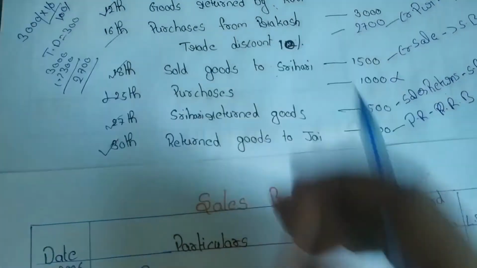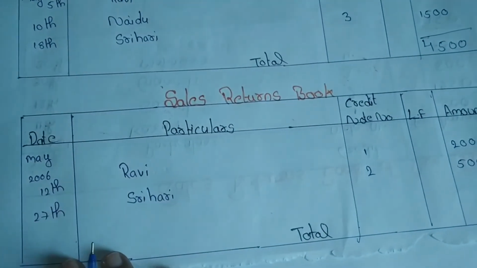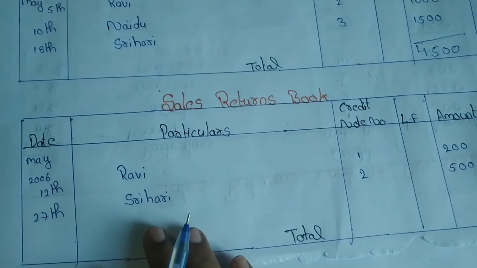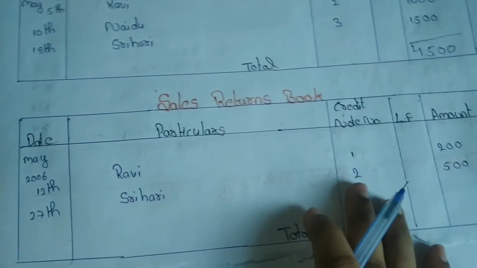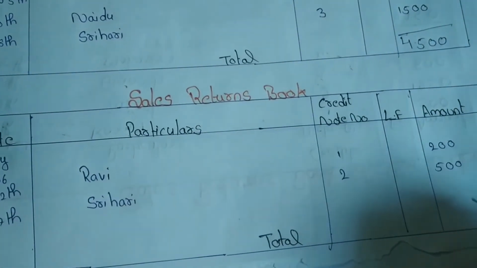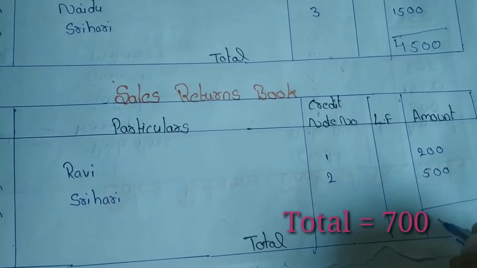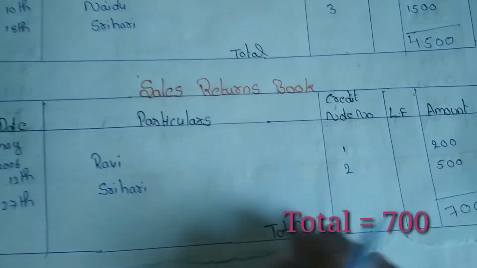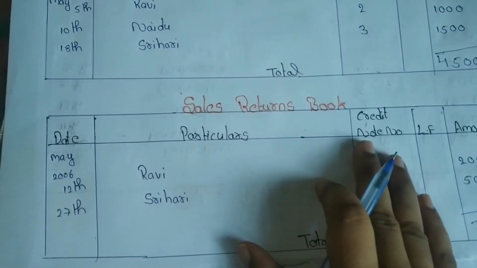So it should be recorded on sales returns book. On date column, you have to mention the date, and on particulars column, you have to mention the customer name, number, and here amount. So the total of sales returns book was 700, right? So in May month, 700 sales returns was done.